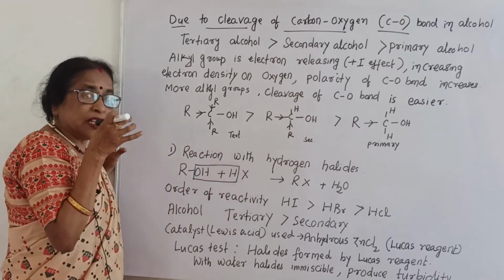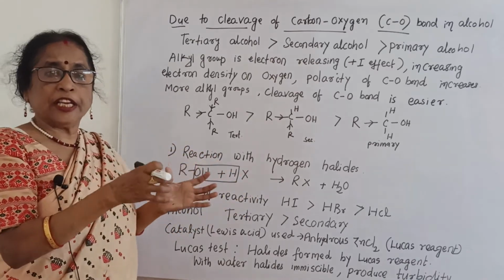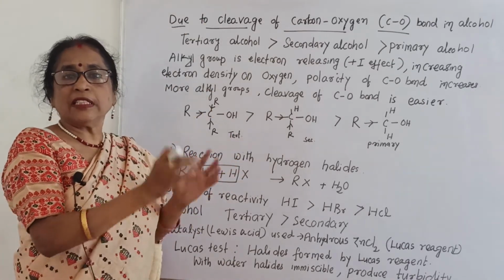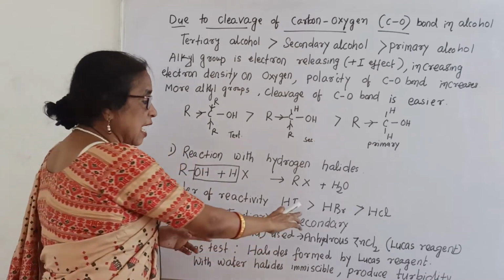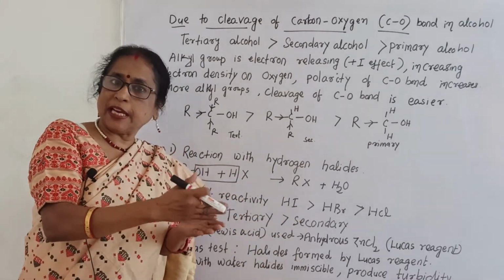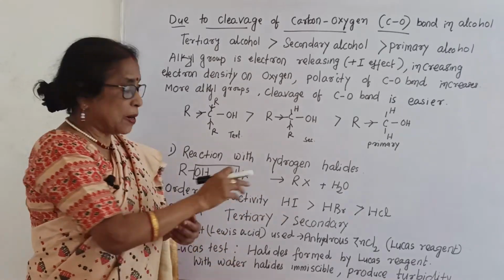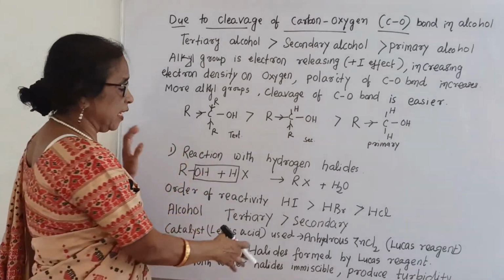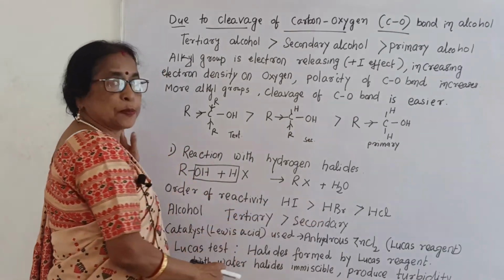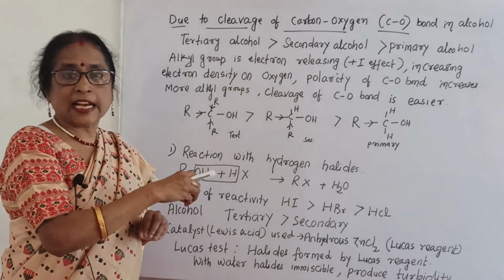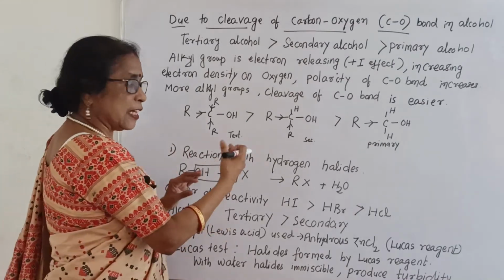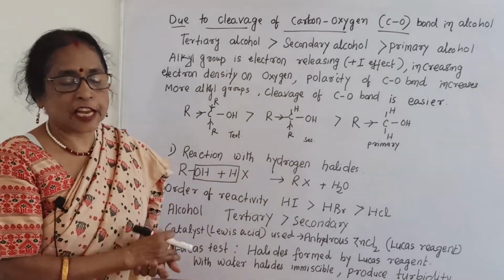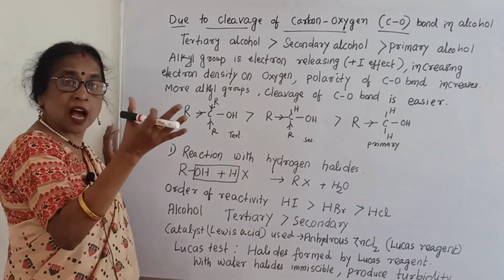If the size of the iodide ion in HI is more, then the cleavage of the HI bond becomes easy. The size of Br is less than I, but greater than Cl. So the order of reactivity is HI more than HBr, more than HCl. With HI the reaction is very easy, with HBr it is less reactive, and HCl is the least reactive towards ROH, towards alcohol.